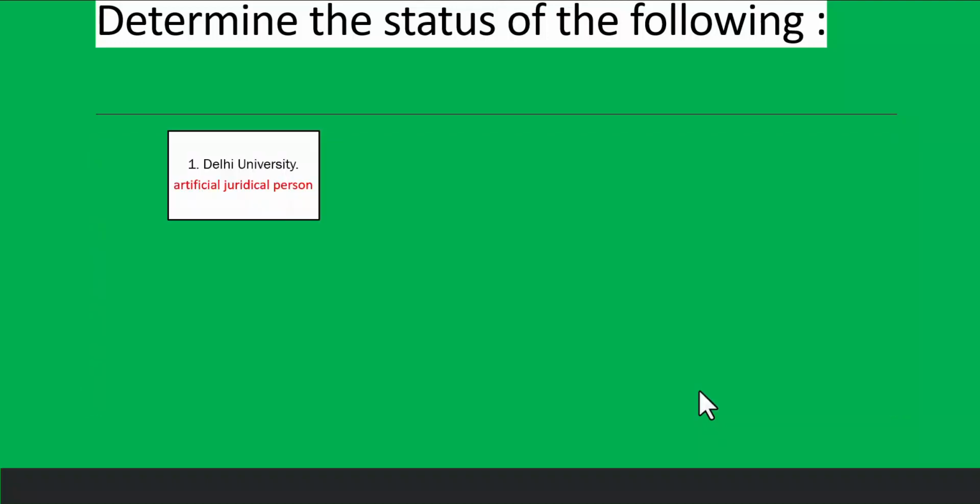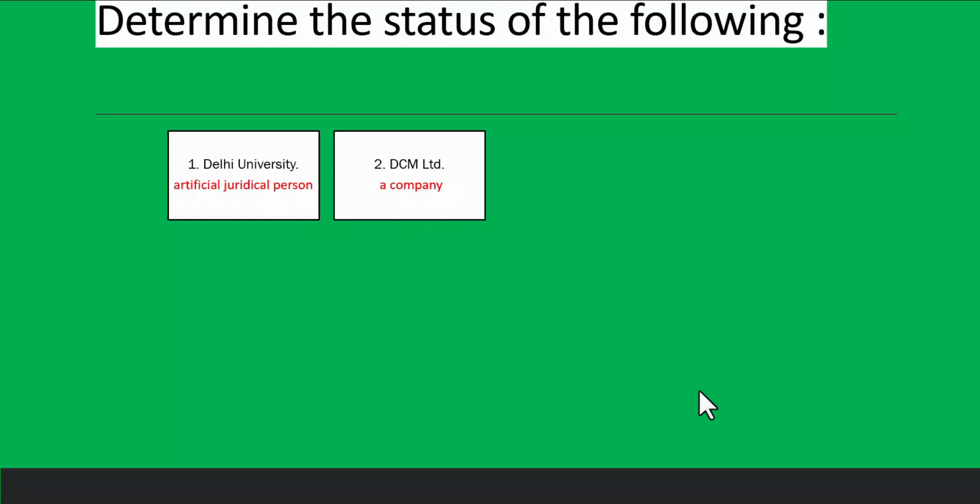So let's understand. A, Delhi University: it is an artificial judicial person. It is a body which has been created by law, education law or whatever it is, and it is an artificial person because it is considered a separate entity, so it can function like a person.